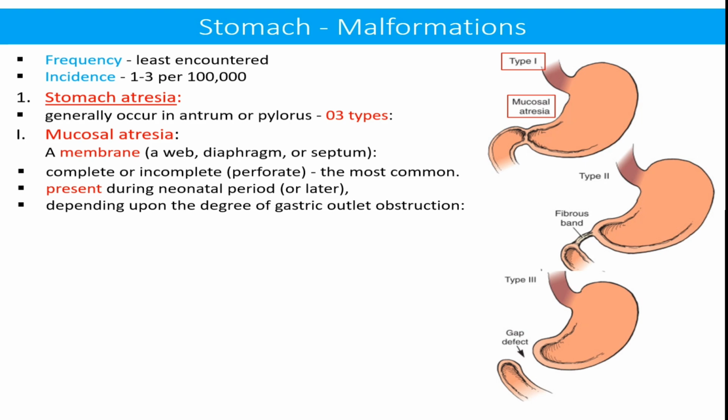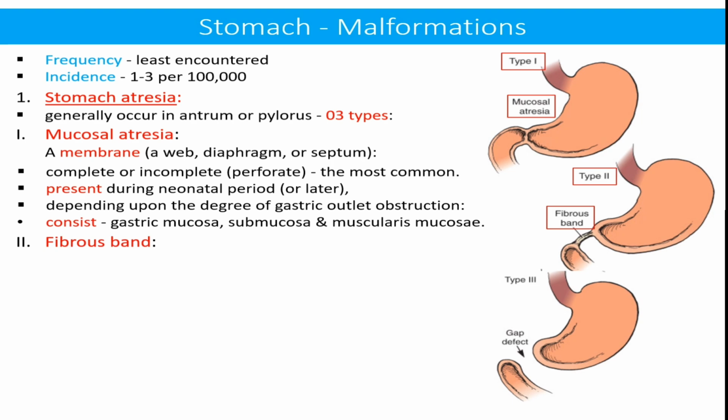It presents during neonatal life, and depending upon the degree of gastric outlet obstruction, it may consist of gastric mucosa, submucosa, and muscularis mucosae.